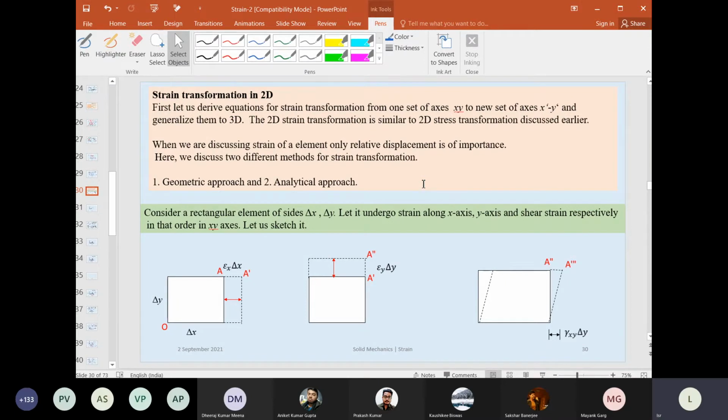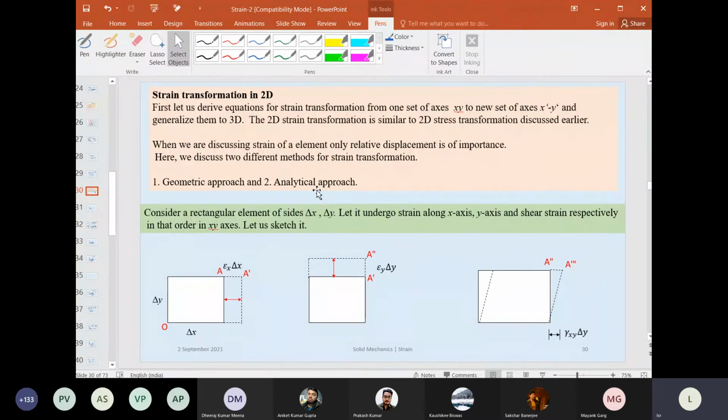You all know stress transformation in 2D. That is, if the stresses are given in xy coordinate, how to calculate stresses in x prime y prime coordinate. Those were discussed in your previous course by Professor Hussain, and also in your first year, I believe.